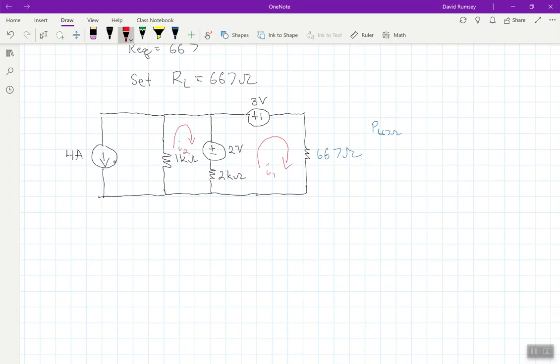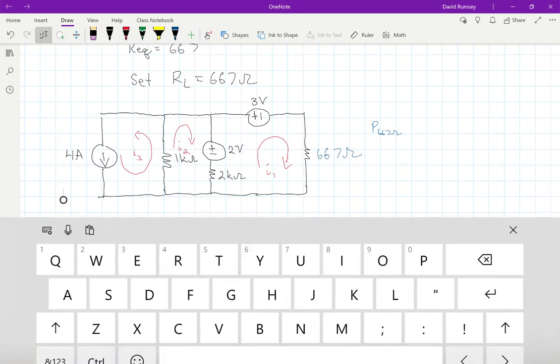But then here, on this loop here, I'm actually going to draw this one in counterclockwise. And I'm going to do this counterclockwise on purpose because if I look at this loop here, I've got a current source. And this current source is the only thing touching this loop here, at least on this side here.